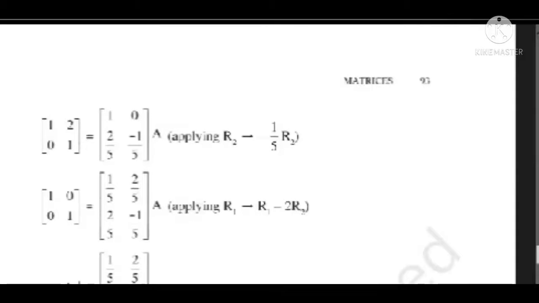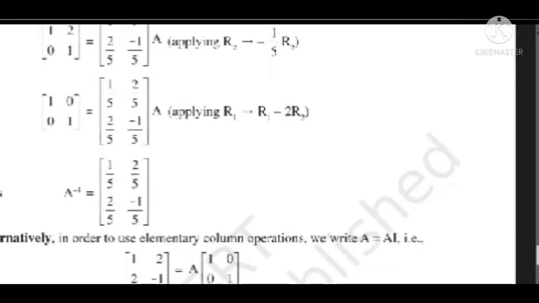Here we are doing elementary row transformations. If you use row operations, use rows only. If you use column operations, then use columns everywhere, and make the left hand side an identity matrix.